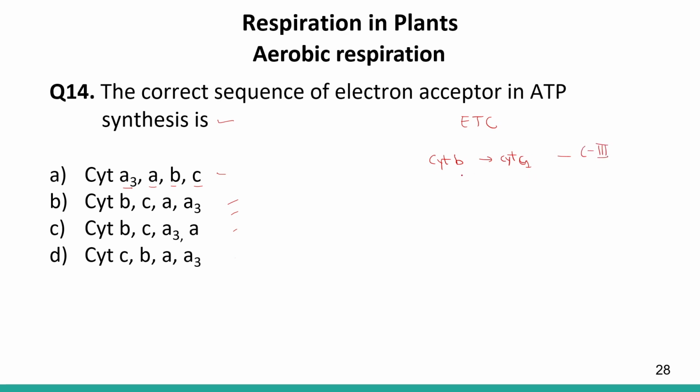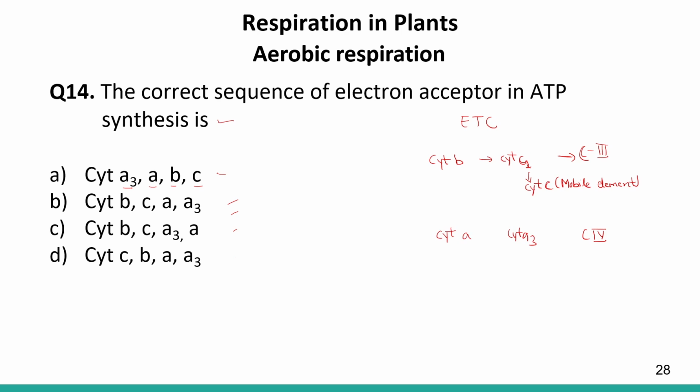Then what happens from complex 3? Here you can write cytochrome C. This was C1, this is cytochrome C, which is a mobile element. This connects complex 3 with complex 4, which is known as cytochrome C oxidase, and this consists of cytochrome A and cytochrome A3.